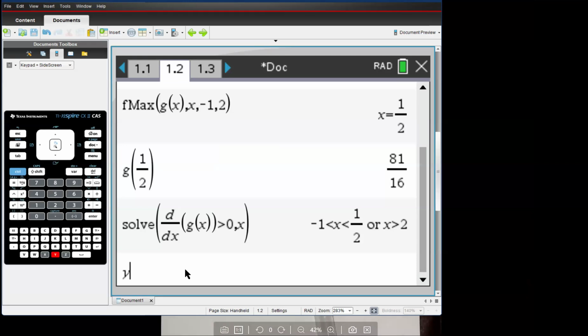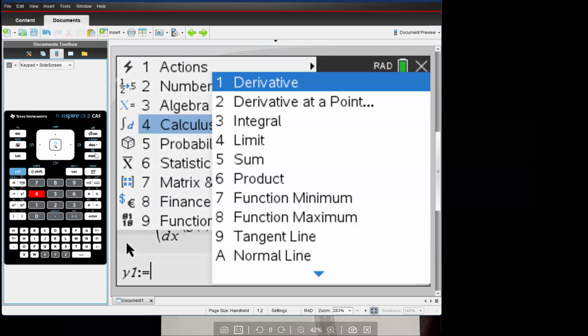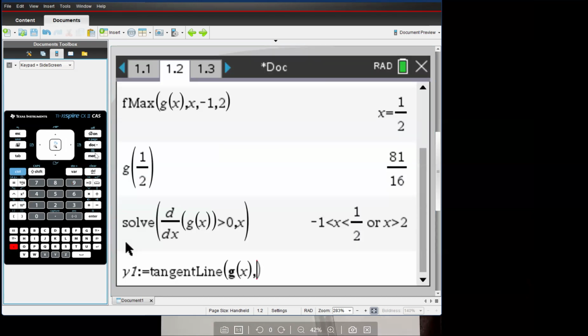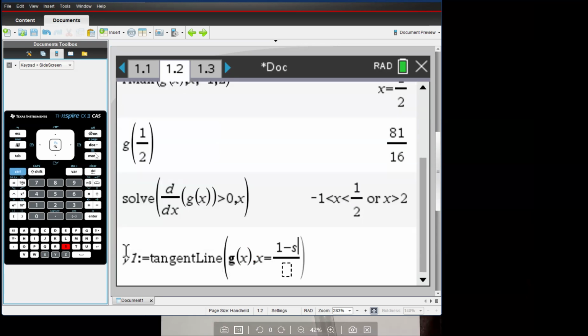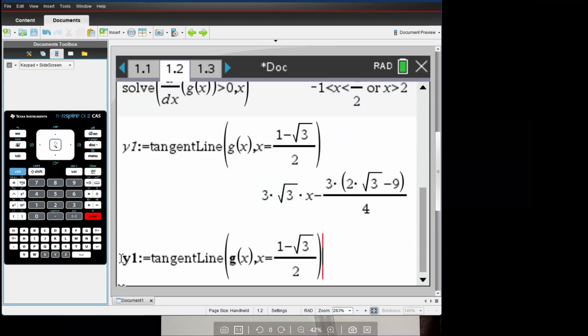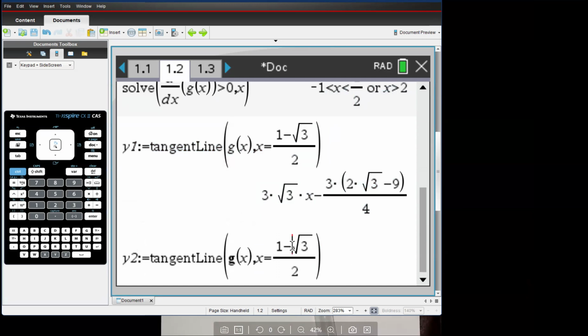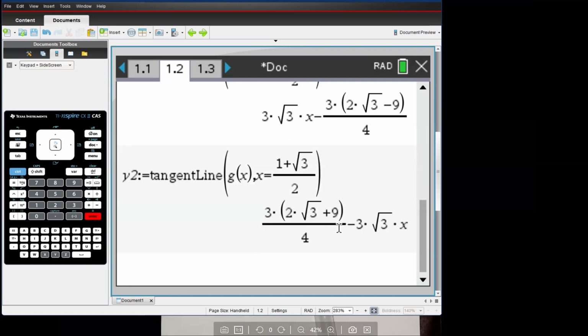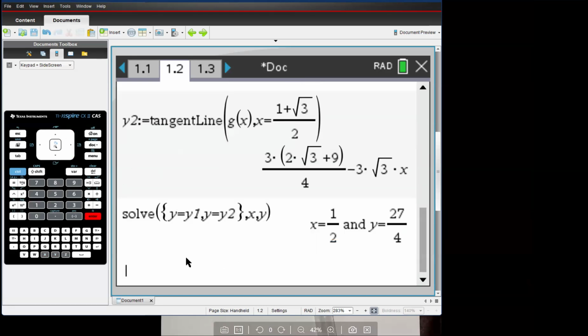So let's call this y1, assigned to menu 4, 9: G of x, comma, x equals 1 take away square root of 3 divided by 2. So this is the first equation. And then I just bring this down and put the y2 here and make this plus. So I should be able to get another equation. And I just need to solve simultaneously: y equals y1, y equals y2, comma, x y. So you should be able to get the coordinate pair easily, okay?